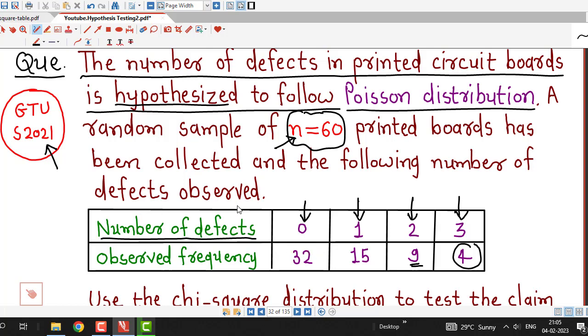These are the observed frequencies, and because we have a random sample of n equal to 60 printed boards, the sum of all these frequencies must be equal to 60.